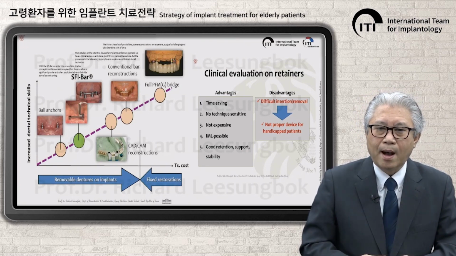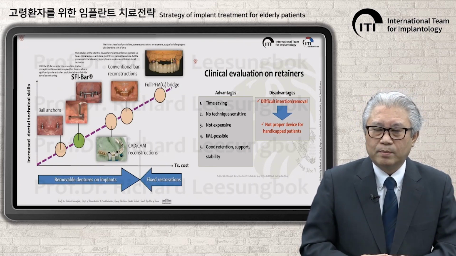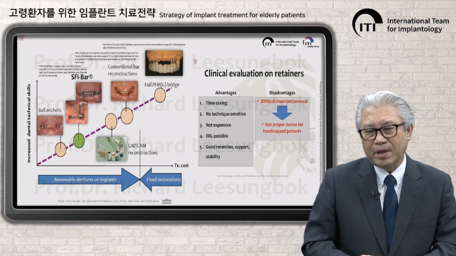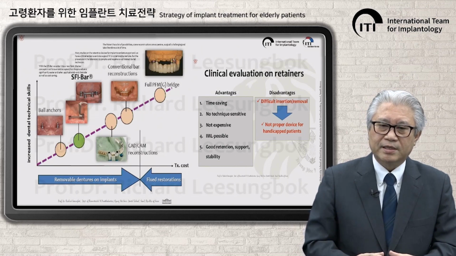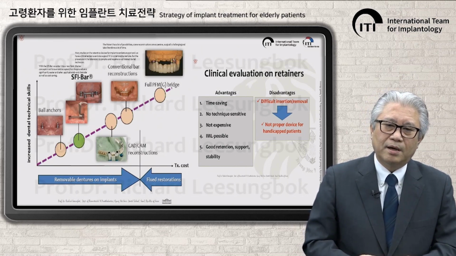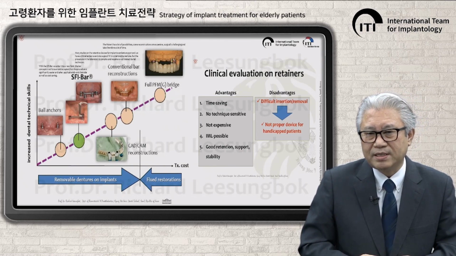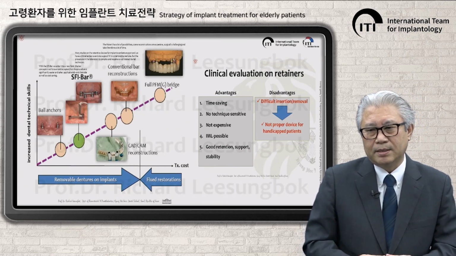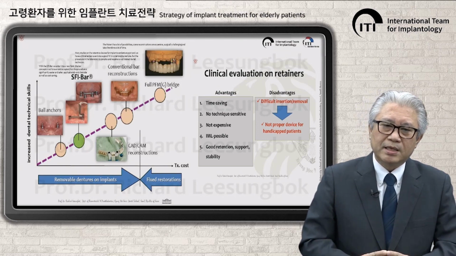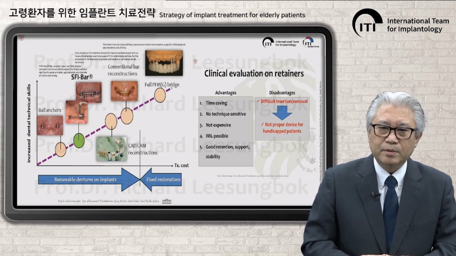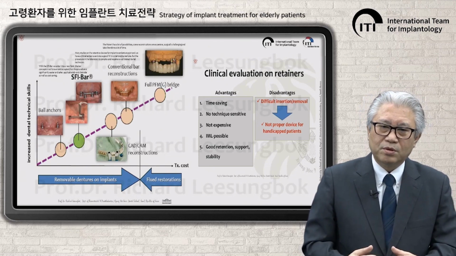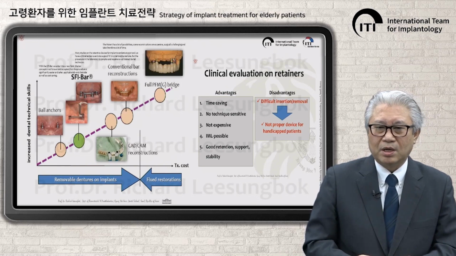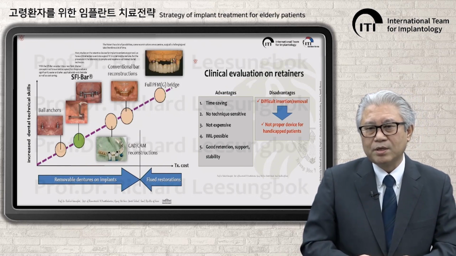We should be able to determine which one is the most patient-oriented treatment option for the patient we treat. That's the so-called expert. It seems that many dentists often make wrong choices and recommendations in this respect. Frankly speaking, an overdenture is not used by us dentists, but by the patient.